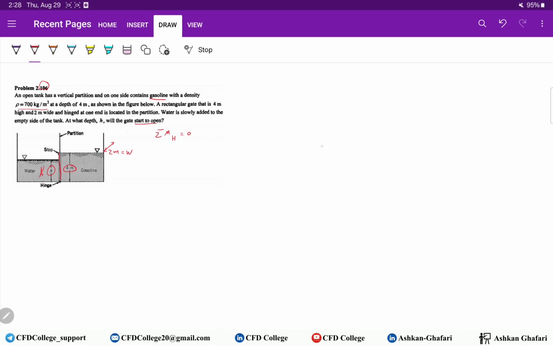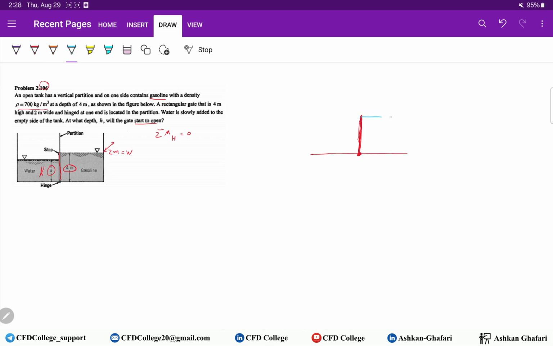So this is the bottom of the tank. Here is the hinge, and this is, sorry, I'm a terrible drawer, I know that, and I admit that. So this is the gate.